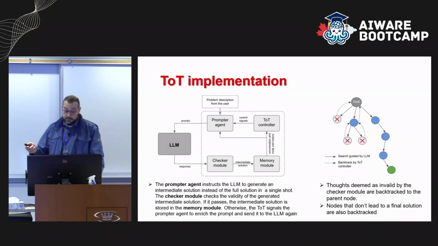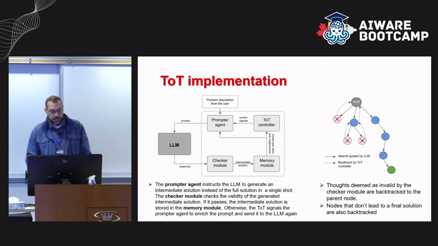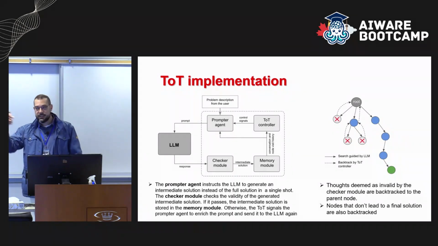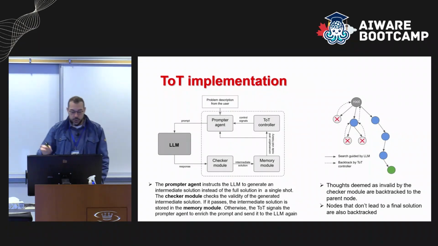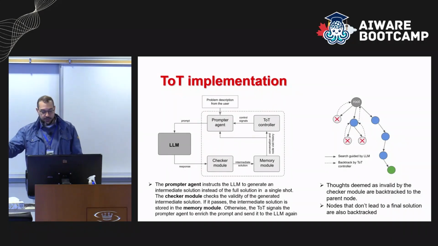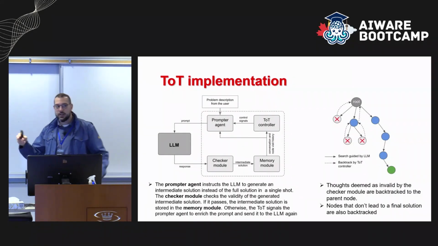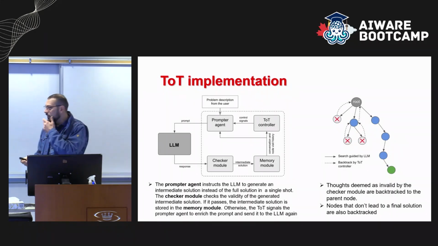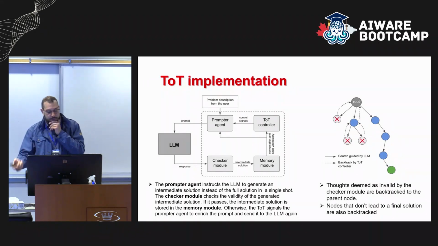This is the module that does the evaluation, okay? When the evaluation says, okay, this is a promising thought, let's keep exploring it, you put this thought on the memory module, okay? Now here, the difference between breadth-first and depth-first is whether you're removing from the memory module as a queue or as a stack, right?